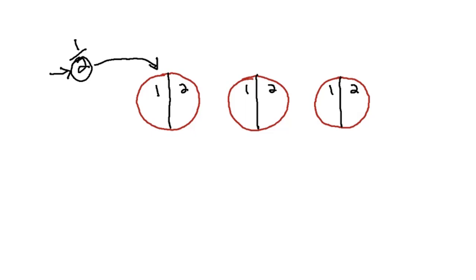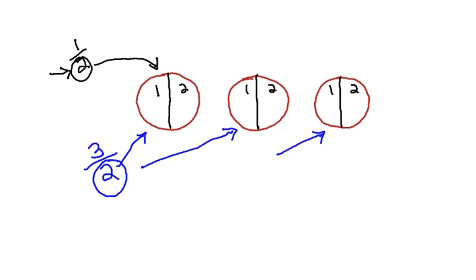Now what happens if we have something like 3 halves? Well, the bottom number is still 2, so we're still dealing with pizzas divided into 2 equal halves. 1, 2, 1, 2, 1, 2. But now we look at the top number. The top number is 3.